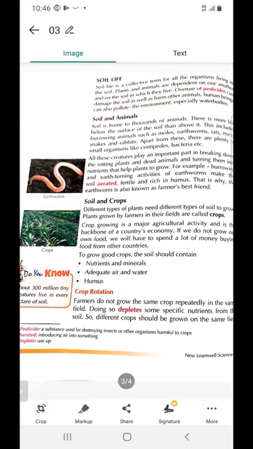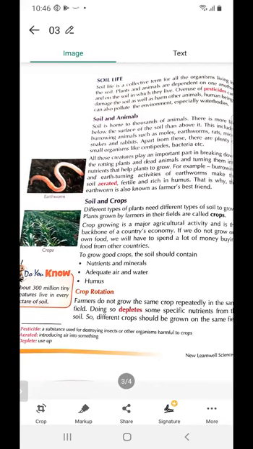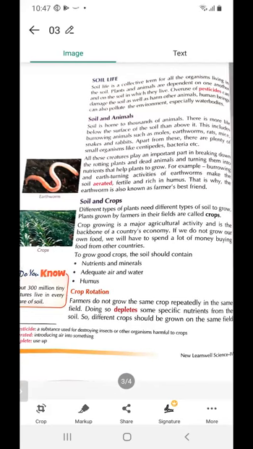If we overuse pesticides, they can damage the soil and other animals. Excess of pesticides also pollutes the environment.